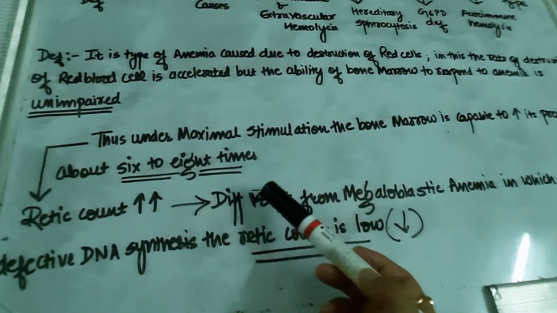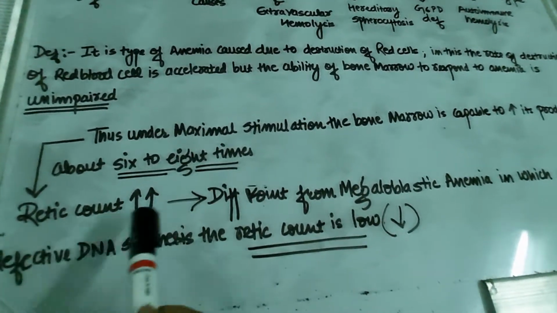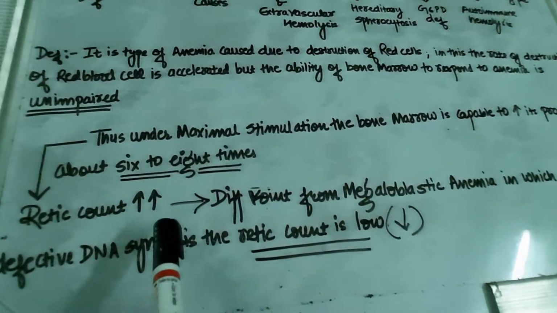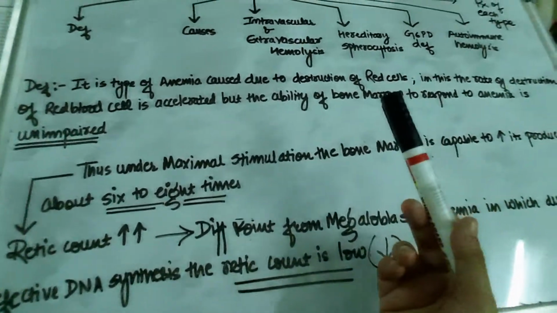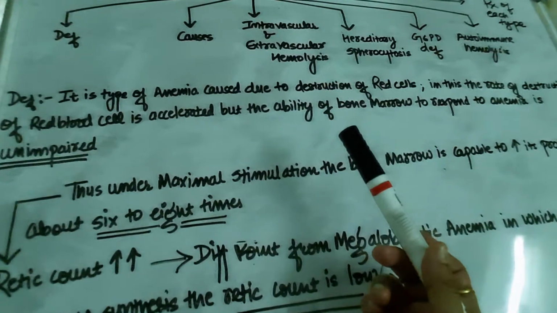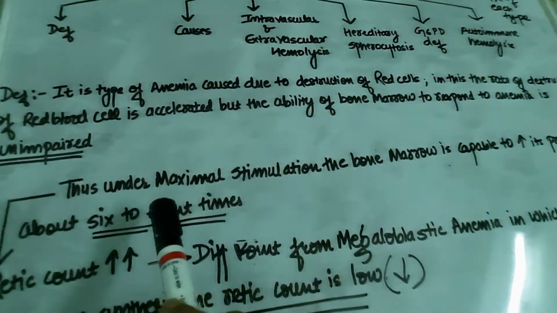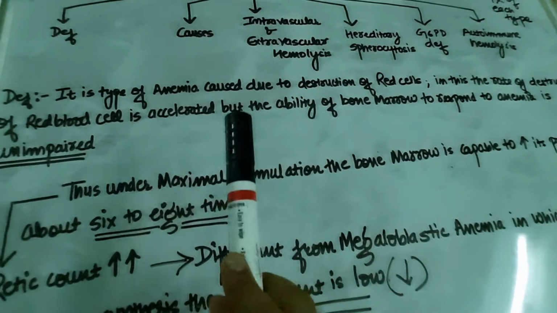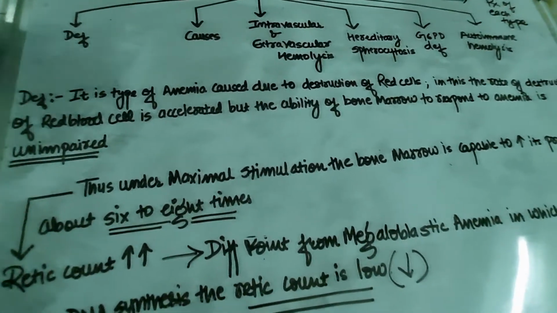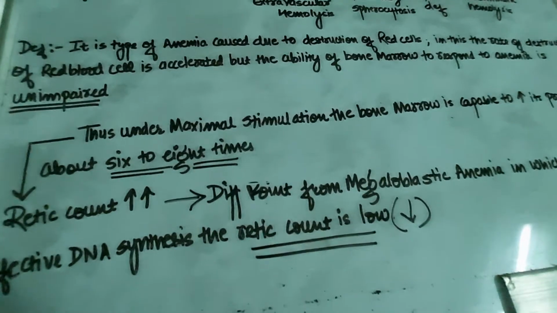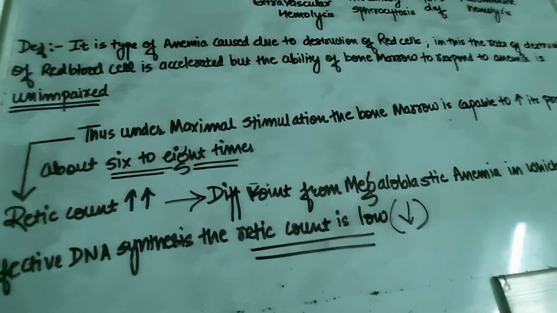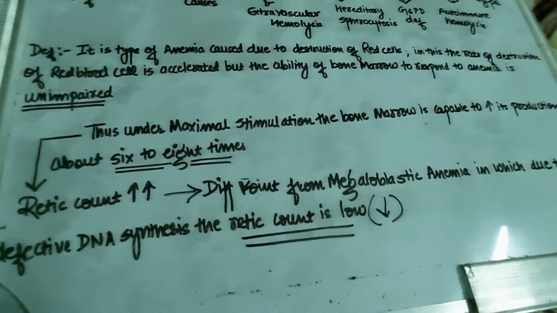It is important that in hemolytic anemia, the retic count is increased. Why? Because I've told you in the definition of this anemia that the ability of bone marrow to respond to anemia is unimpaired. Thus, it will increase its production, and more production of RBCs means increased retic count. So, that is how it is differentiated from megaloblastic anemia.